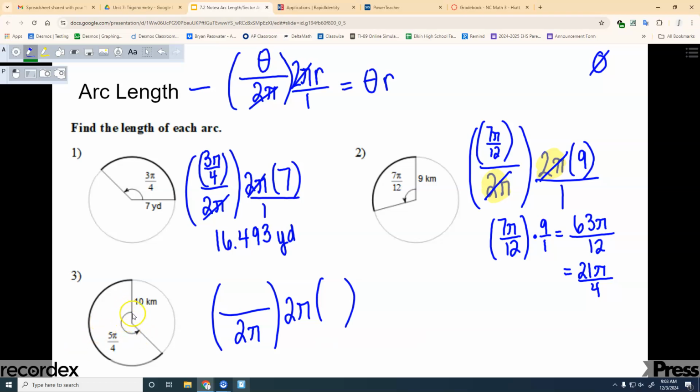In radians, typically your angle has pi's with it. It's not going to have a degree mark. And you're looking for where you've got that little arrow right there. So this number that goes with that little arrow, that's your angle. So it's 5 pi over 4. And then 10 is in kilometers. That is going to be your radius.